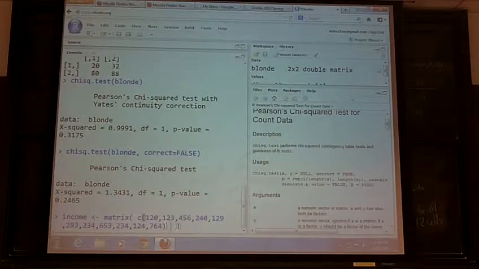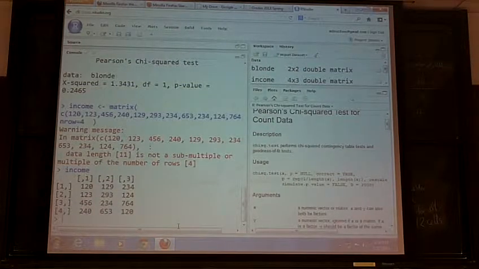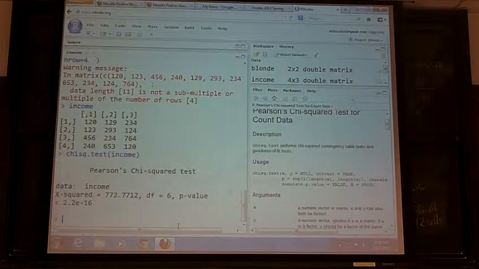I totally was making up numbers here. Anyway, this is our income matrix, and we do the chi-squared test here, and it does it super quickly for you.